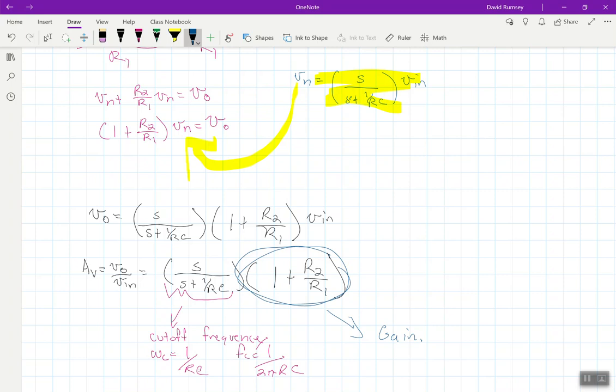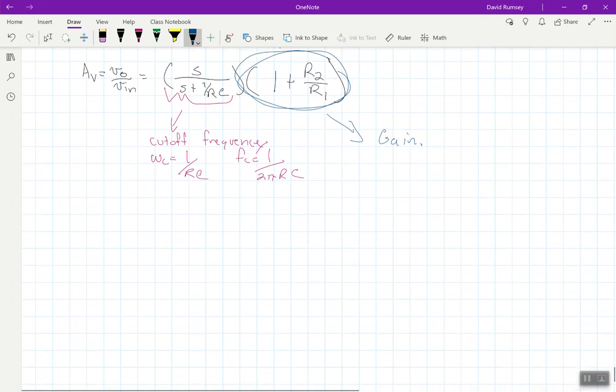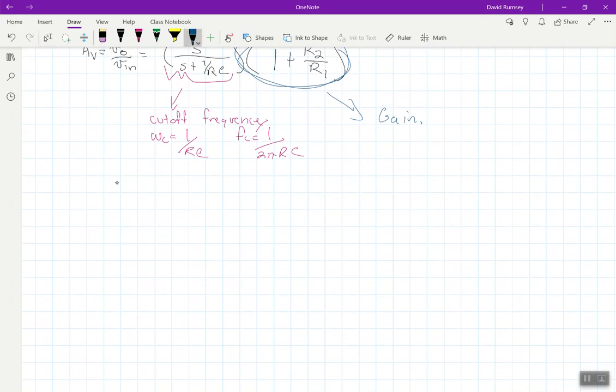So, for instance, if I have a cutoff frequency of, let's just say, 10 kilohertz, I can also amplify signals above 10 kilohertz at the same time.